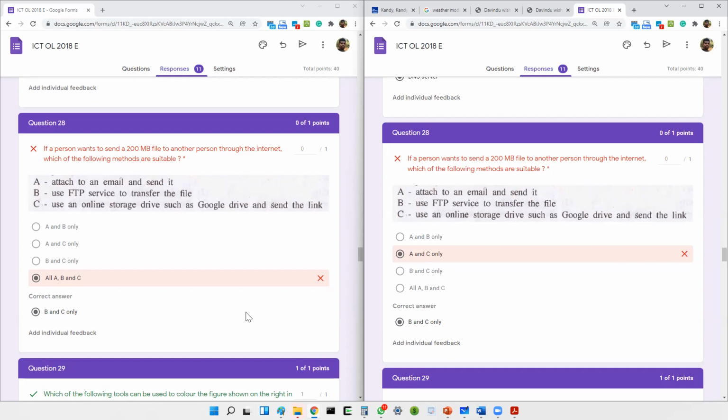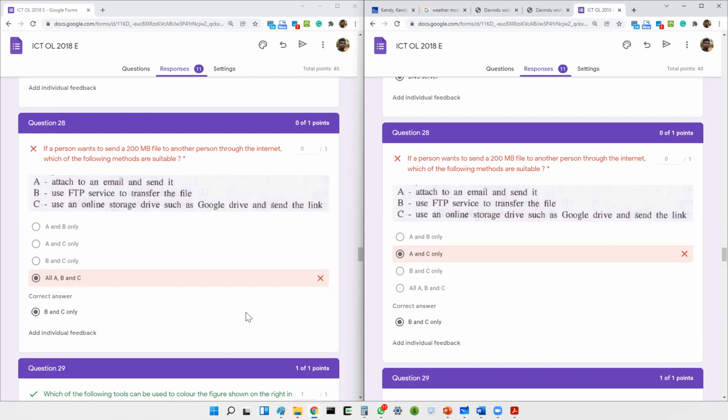File Transfer Protocol means transferring files, we can use software. But remember, the first one is not going to work because with emails you cannot send large files.